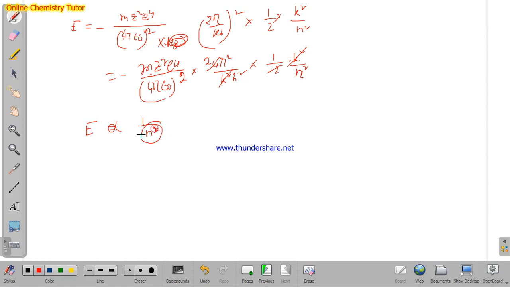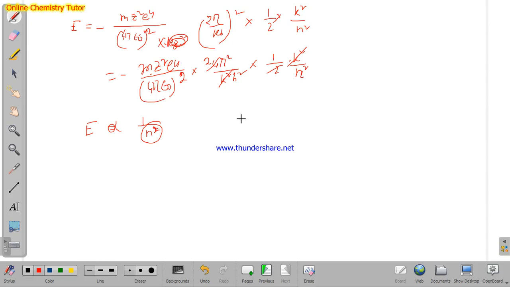Now here energy is proportional to 1 by n square, n being the principal quantum number. This means that energy does not depend on k. If energy does not depend on k, then the different orbital energies will not be different, so fine structure cannot be described here.